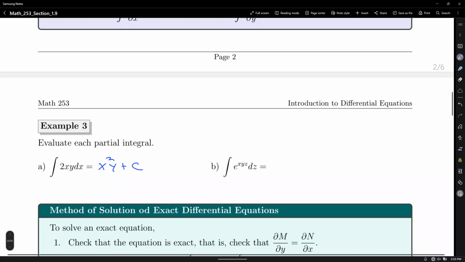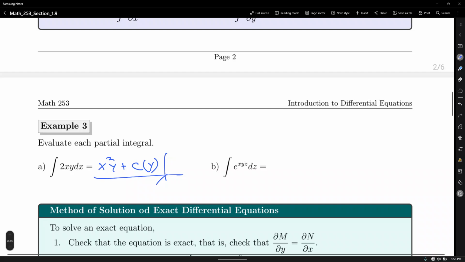However, this is not just a plain vanilla c. This is a c which is a function that depends on the variable or variables that we held constant. In this case, since there are just 2 variables, it is going to be a function of y. And that's the final answer.